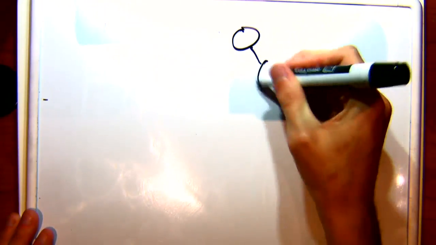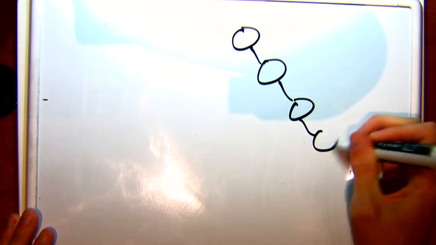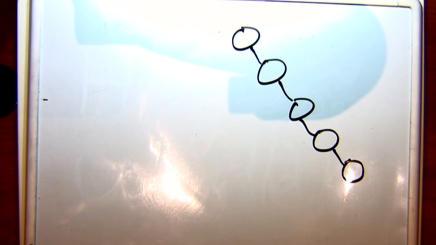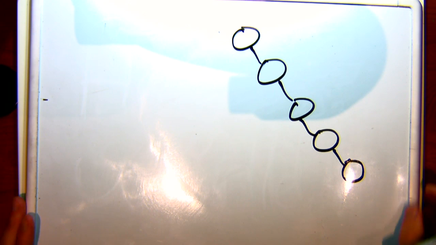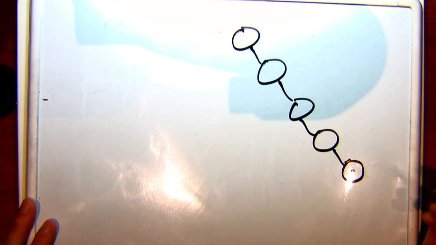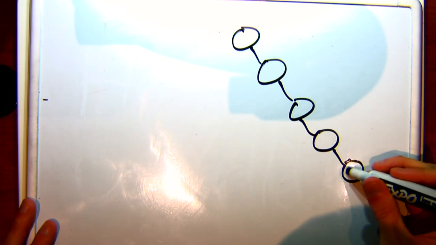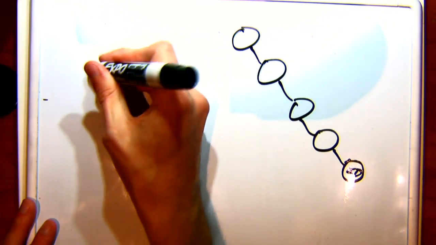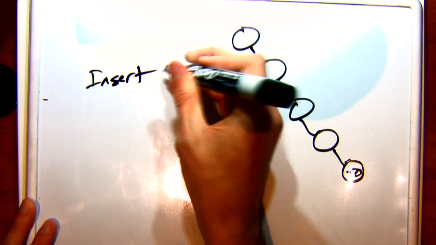Now for an unbalanced tree, like I drew before, you can get something like this. Let's say we want to insert something that is greater than this node. Let's say that this node contains something like 50, and we want to insert 55.